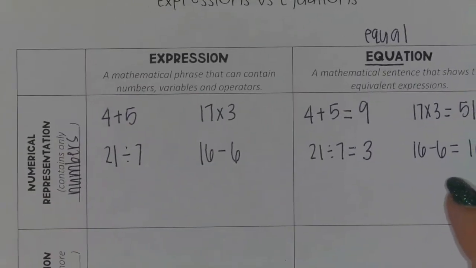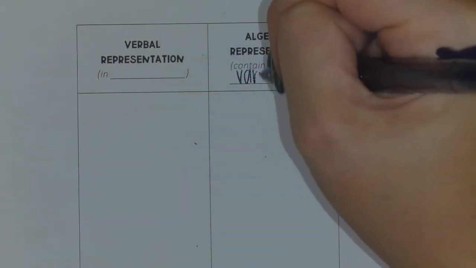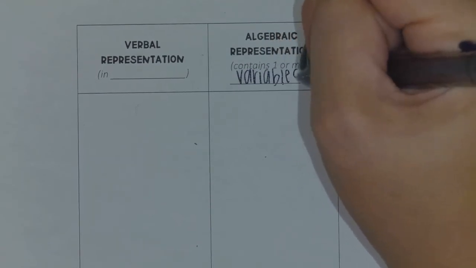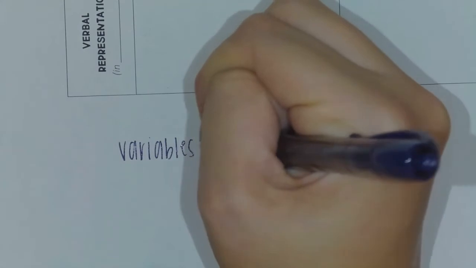So that was our numerical representation where it just has numbers. Our second type of representation is called an algebraic representation. And this is where it contains one or more variables. Okay, so let's define what a variable is. I'm going to come down here to the bottom. When we talk about variables, you're going to see variables starting from here on out a lot in math.